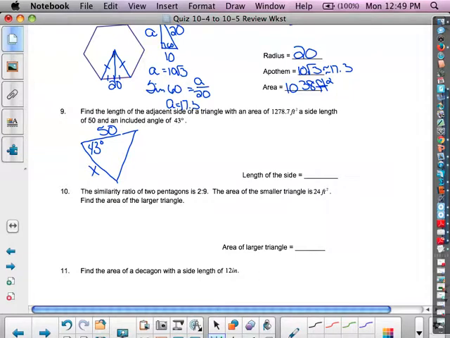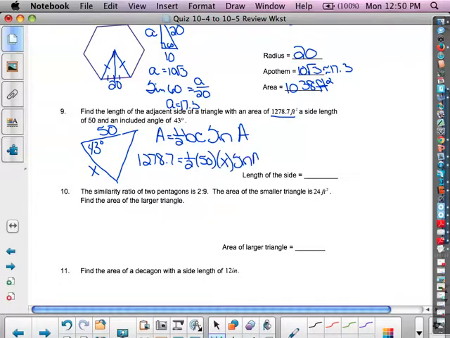The area is given. Remember, the formula is area is equal to 1/2 b times c times sine of A. The area was 1,278.7. That's equal to 1/2 of 50 times x times sine of A.